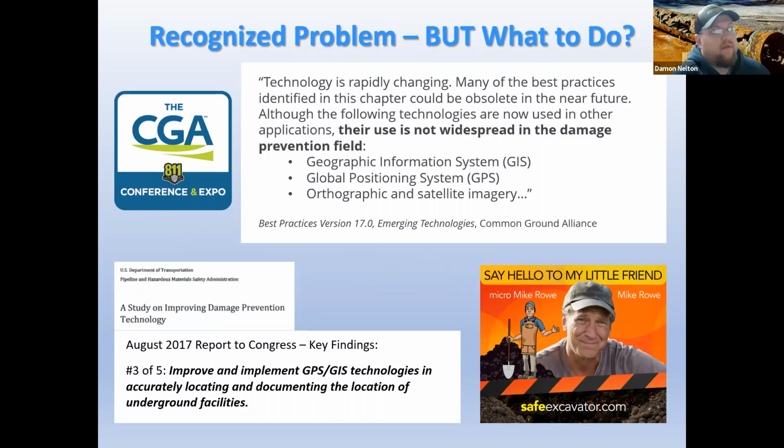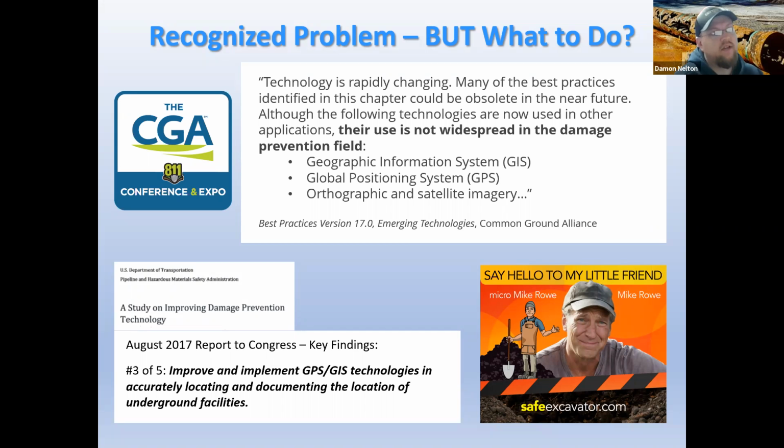So, recognizing the problem here, the exclamation point on the dimensions of this problem we are dealing with is probably best summed up by this slide. In the upper right-hand corner, you can see a passage from the mapping section of the latest best practices issued by the principal industry organization, also known as the Common Ground Alliance. When discussing GIS and GPS and aerial imagery, they clearly tell us that there is not widespread use in the damage prevention field.